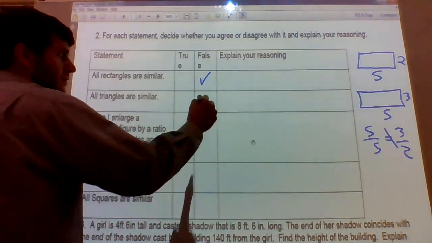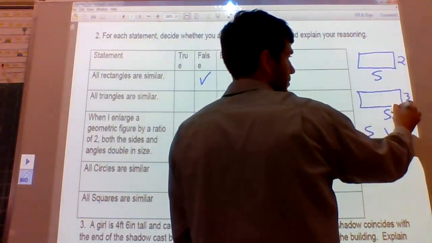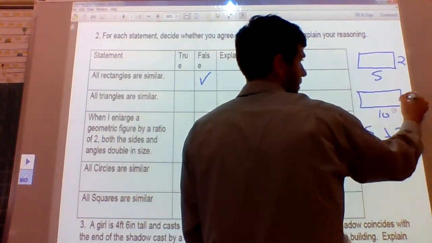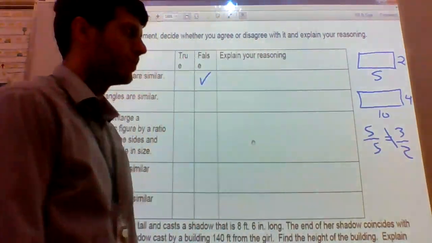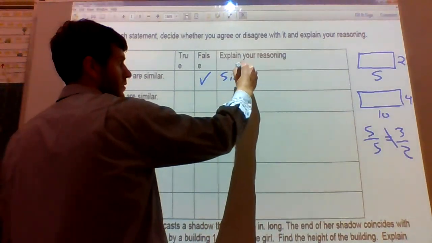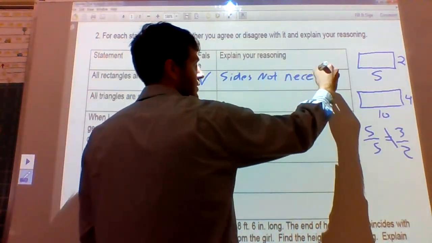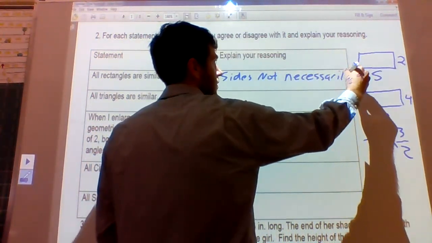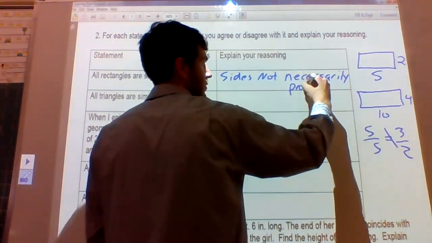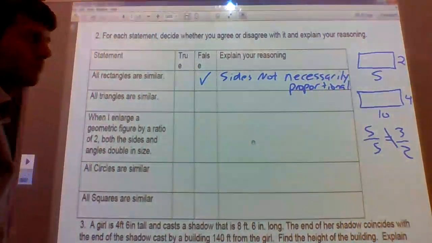But they could be similar: you could have 5 and 2, and then you could have 10 and 4. Those would be proportional. But sides are not necessarily proportional. They can be, but not necessarily.